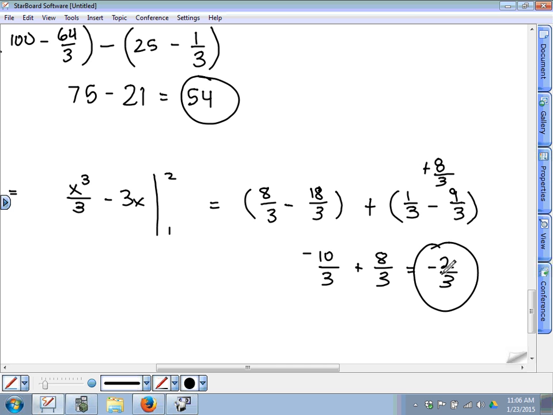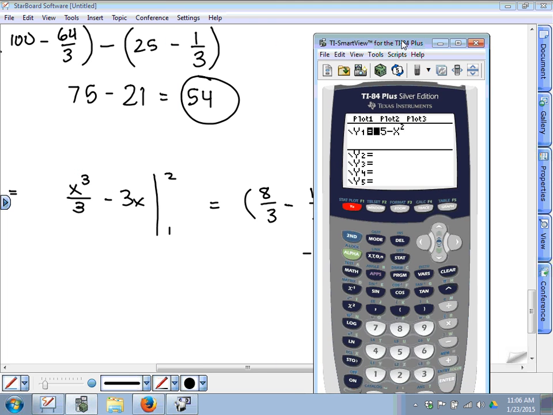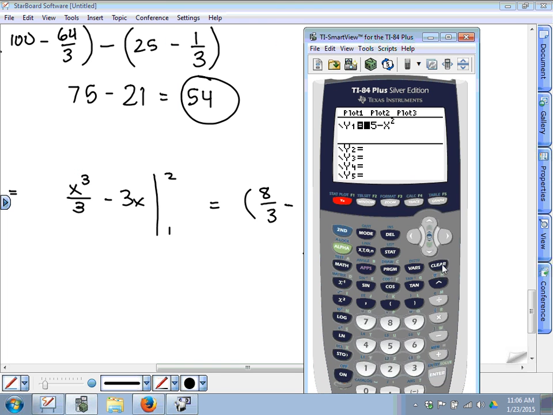Now, isn't this supposed to be an area under a curve? A negative area? Take a look at what the graph looks like. The equation was x squared minus 3 on the interval 1 to 2. Let me change the window a bit.